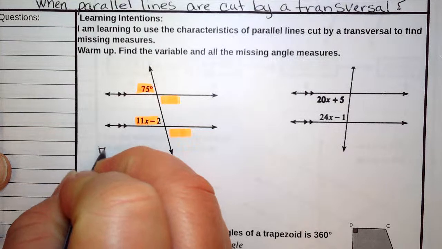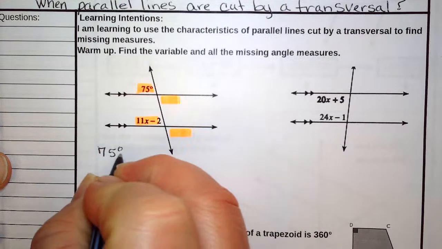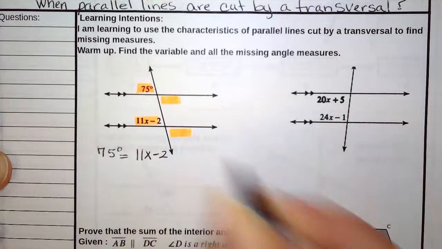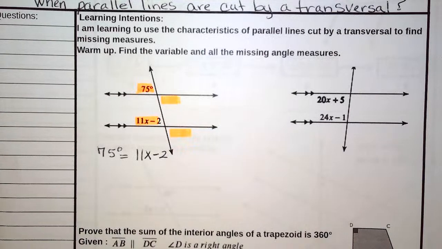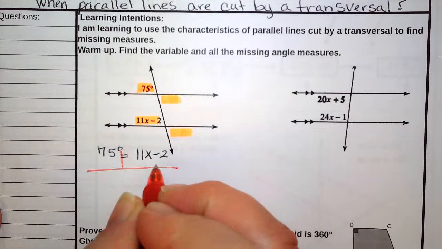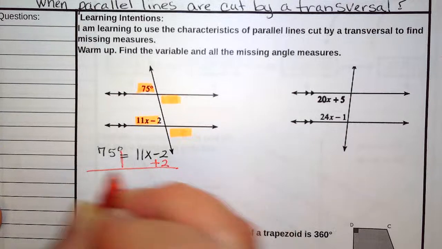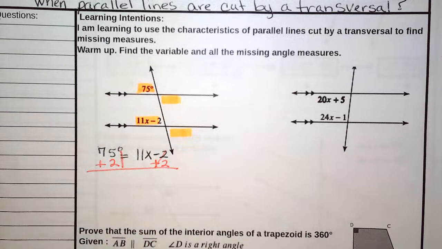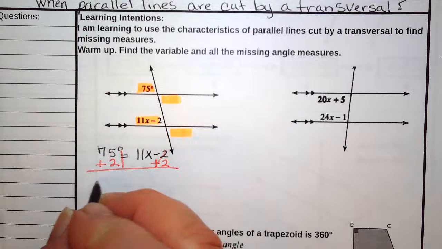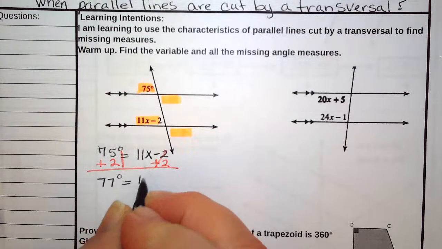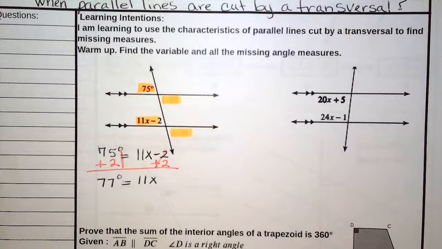So 75 degrees is equal to 11x minus 2. I'm getting ready to solve. Add 2 to both sides. I've eliminated it there. 77 degrees is equal to 11x.